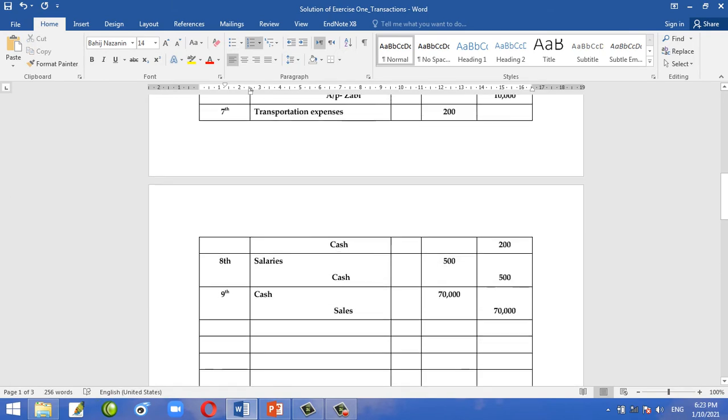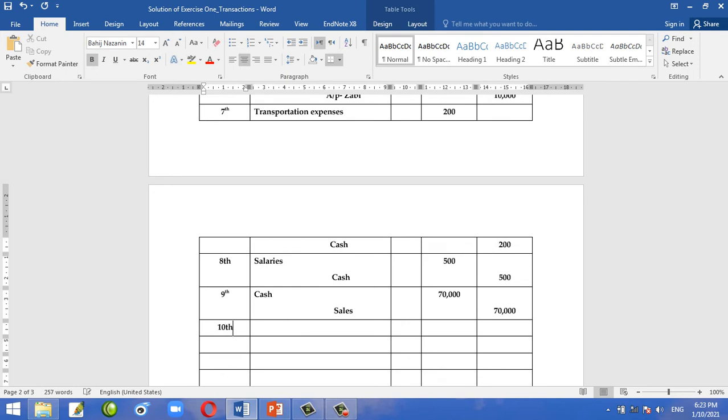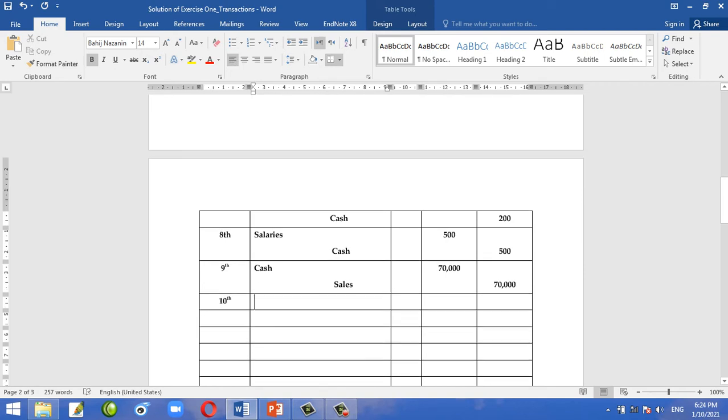So pay attention, we have not received the money on the spot, but we will receive the money in the future. The person who has purchased the merchandise from us is responsible to pay the money back to us after a month or after 20 days.